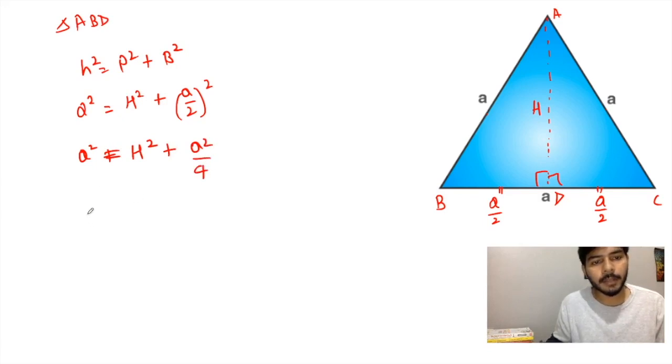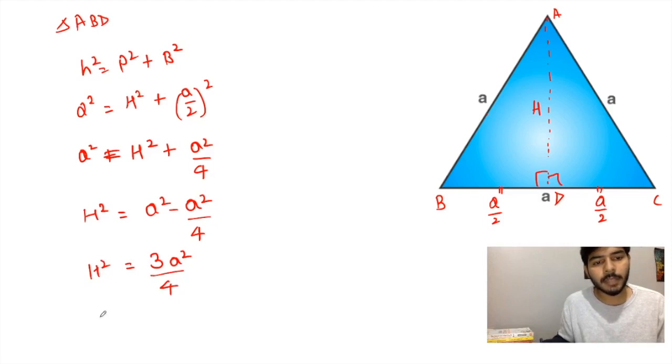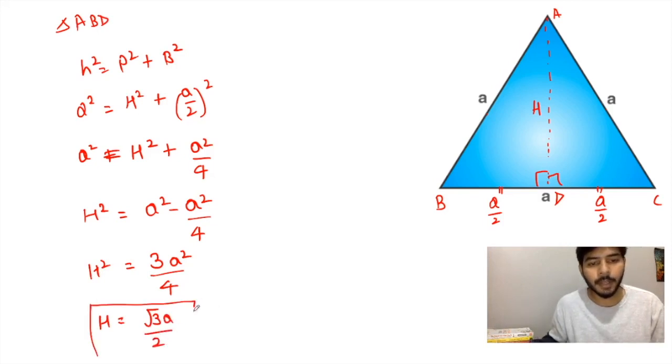To find the height, you can write H square is equal to A square minus A square upon 4. This will give 3A square upon 4. Taking the square root, H is equal to root 3 A upon 2. Here you find the height.